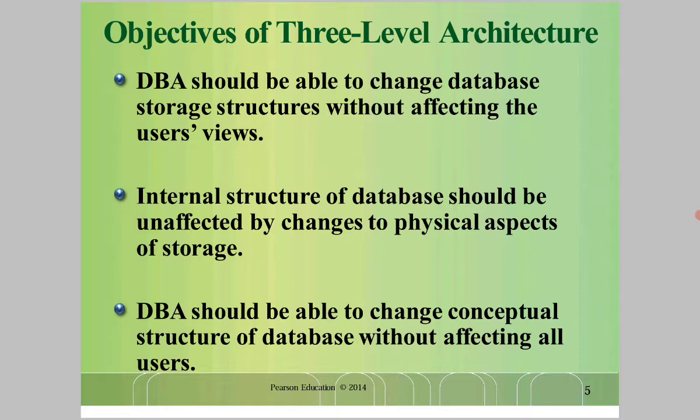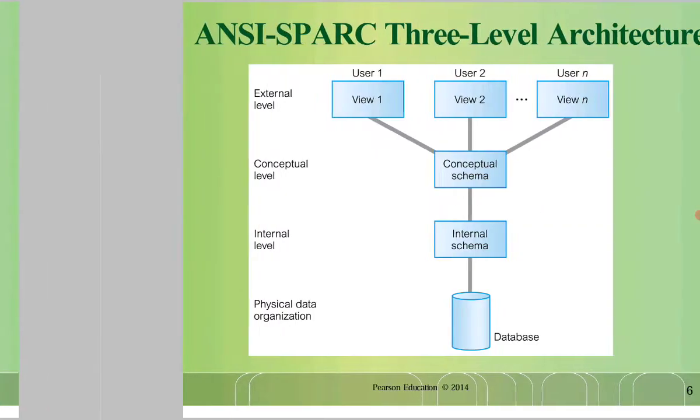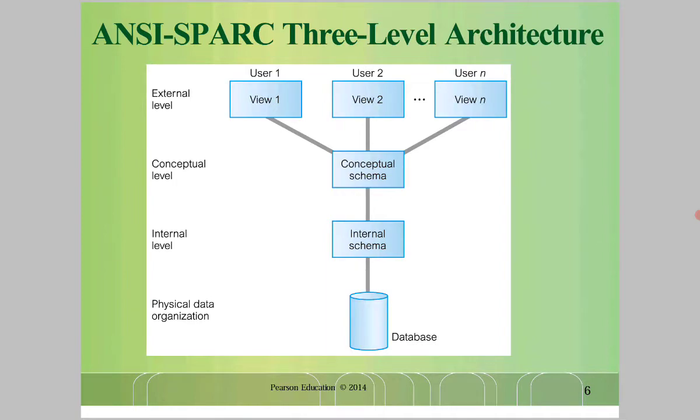The DBA should also be able to change the conceptual structure of the database without affecting users. So this is called the ANSI SPARC 3-level architecture, or simply the 3-level architecture.